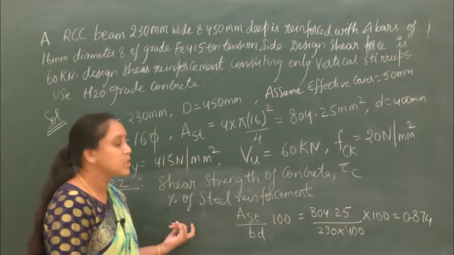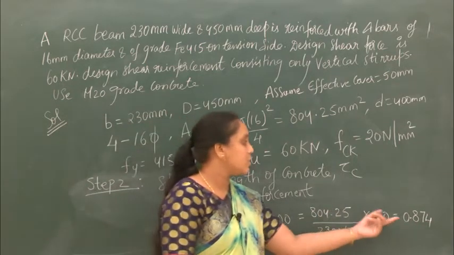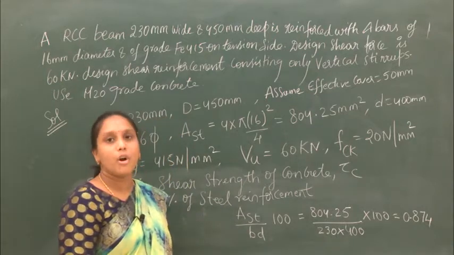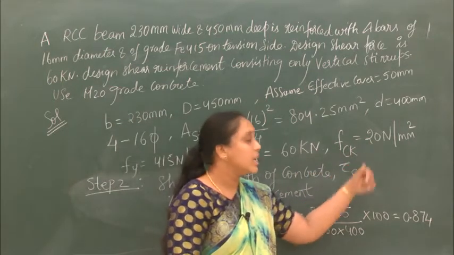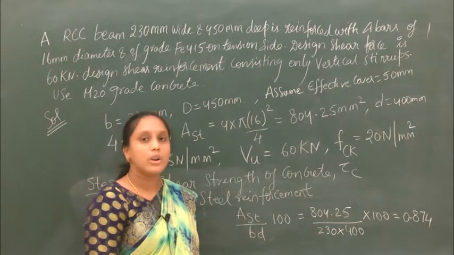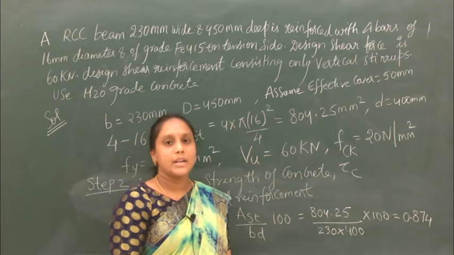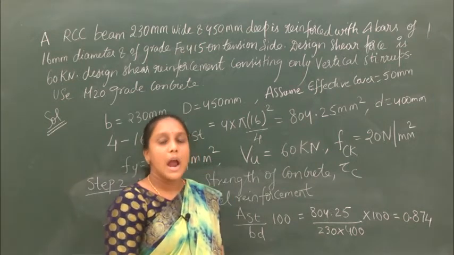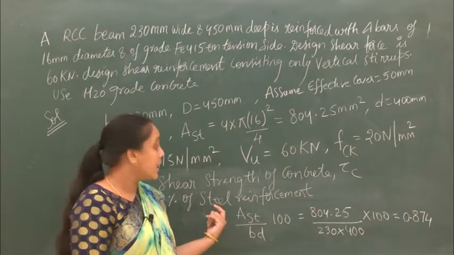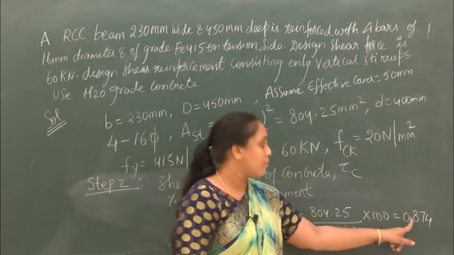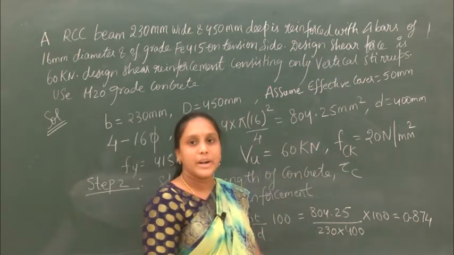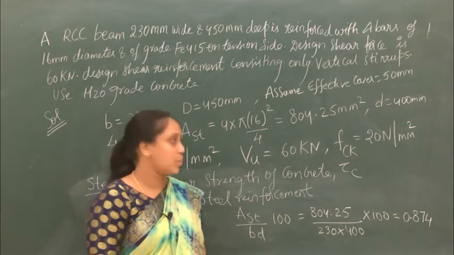The percentage of steel value is 0.874, and the grade of concrete is 20 Newton per mm square. So we refer to table 19 of IS 456 to find the tau C value for this percentage of steel and grade of concrete.